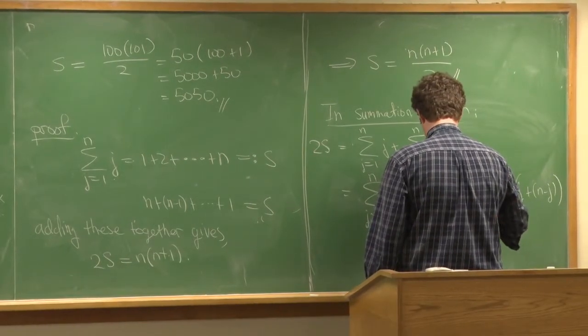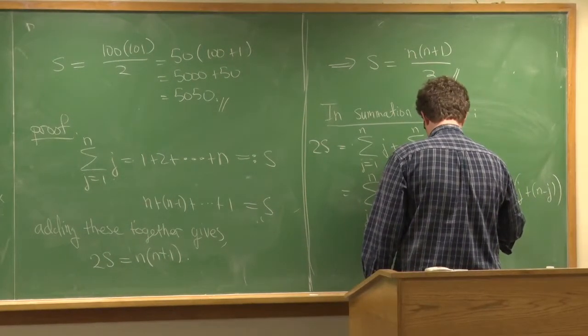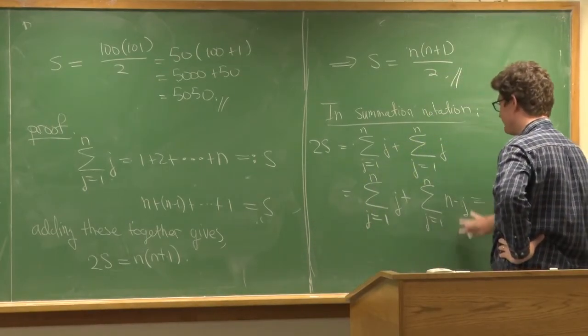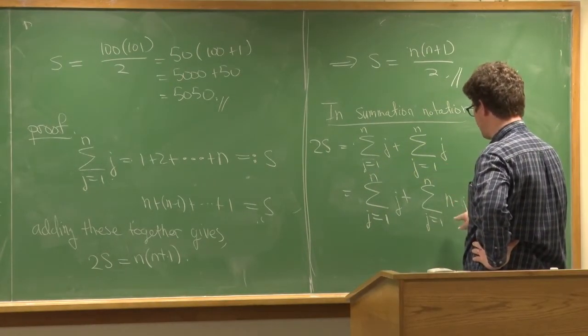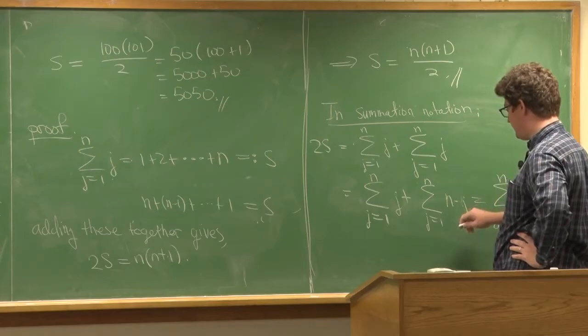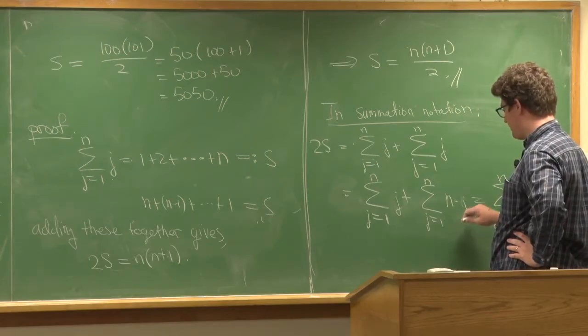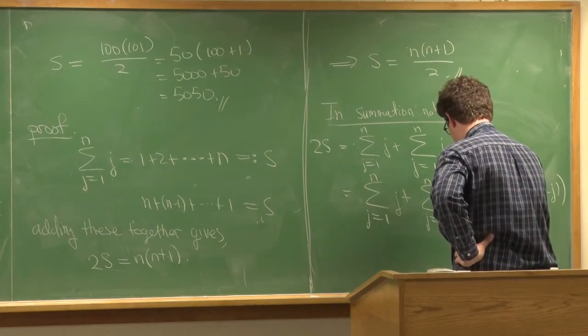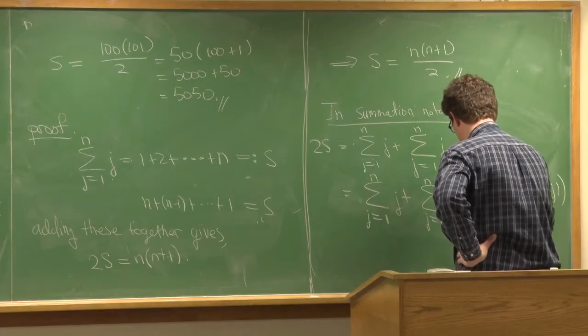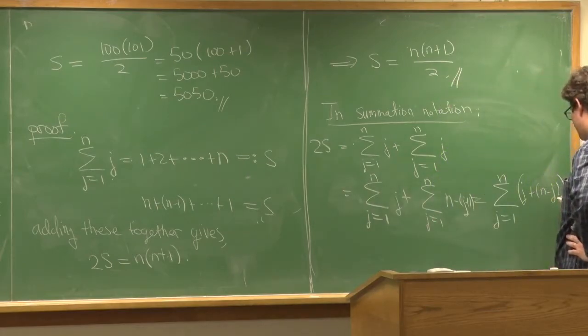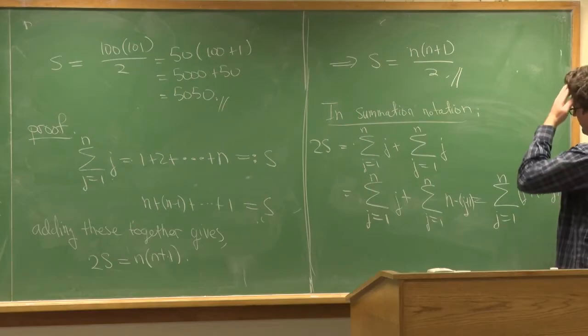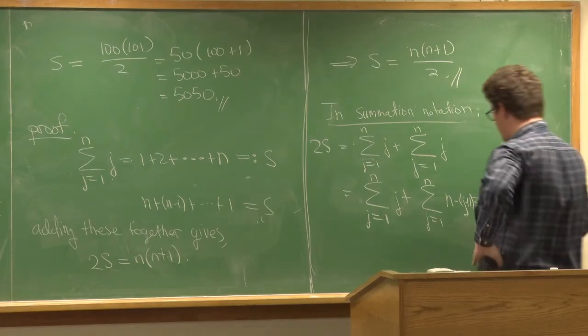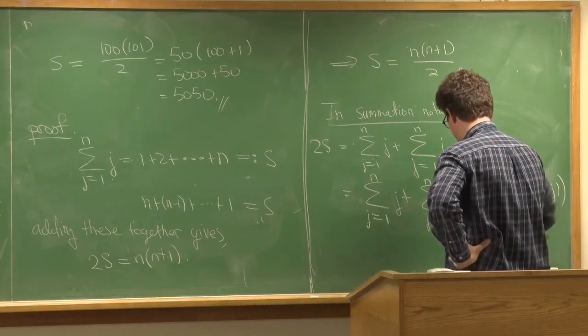Yeah, n minus j plus 1 here. Hold on, I messed up my sum here. So let's see. You're saying n minus j plus 1. I want n plus 1 here. So I think it's n plus 1 minus j.